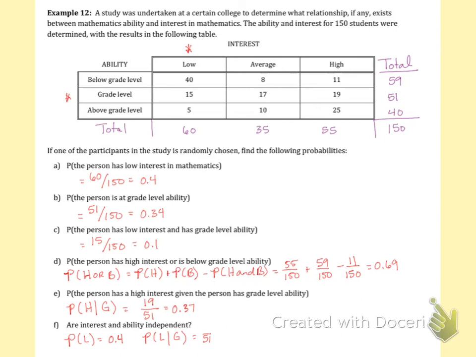And of those 51 students, 15 of them have low interest. And if we calculate this, we get 0.29. And since these probabilities are different, that means that having the ability of being at grade level affected the probability of low interest. And therefore, these are not independent.